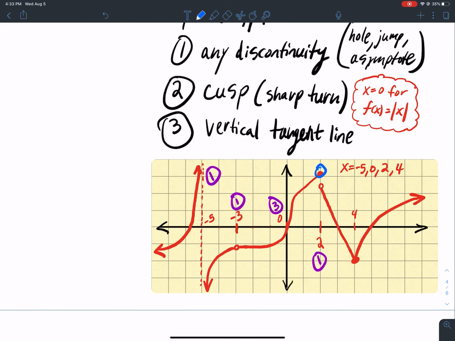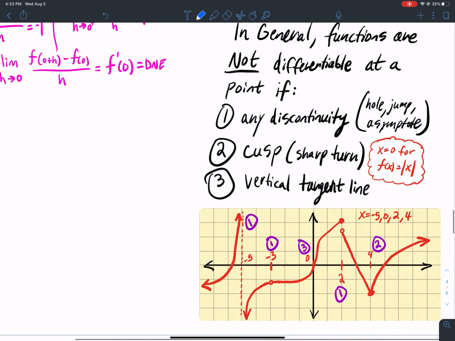Now, what's going on here? Why is it not continuous, or why is it not differentiable here? Because it's actually discontinuous. Another example, okay? And then the last one right here at x equal to 4. Why is this one not differentiable? Because of the cusp. So this is reason number 2 right here, okay? It's the sharp turn. So what are we looking for when we're talking about differentiable at a point?